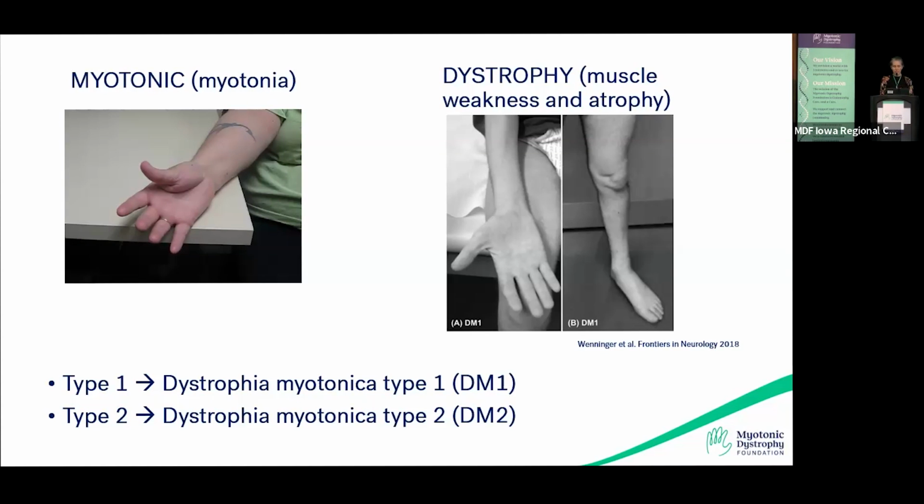Even though we call it myotonic dystrophy, the DM1 and DM2 references have kind of stuck around. But you need to be careful because in the general healthcare system, if you mention DM1 or DM2, a lot of times people are going to think you're talking about diabetes type 1 or type 2. So not many people think of myotonic dystrophy when they hear DM1 or DM2.